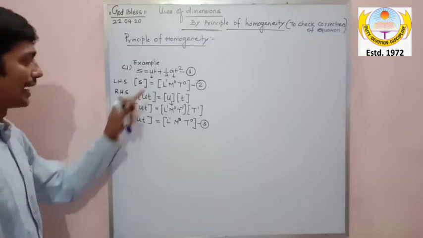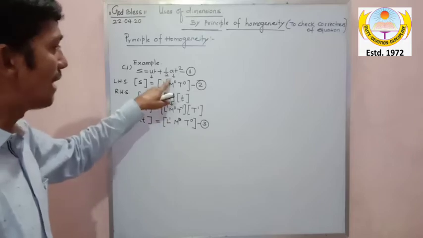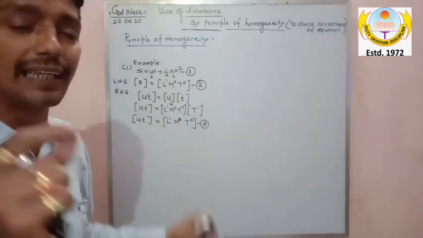Now my dear, there is another term, half AT square. You can see half AT square. But my dear, in the equation, this half is a number.